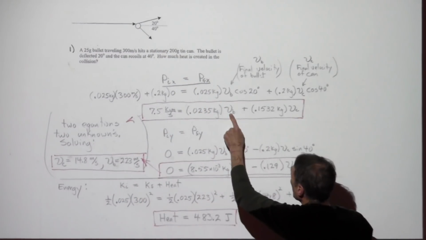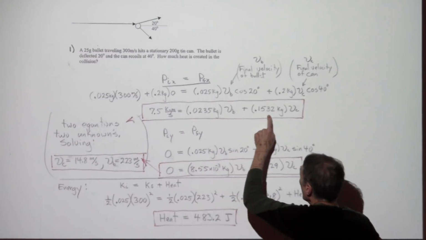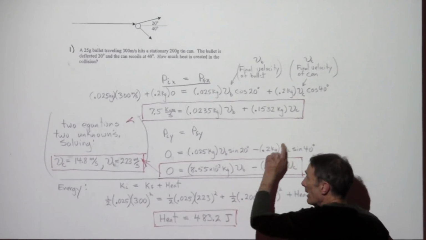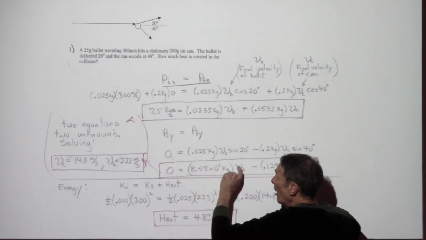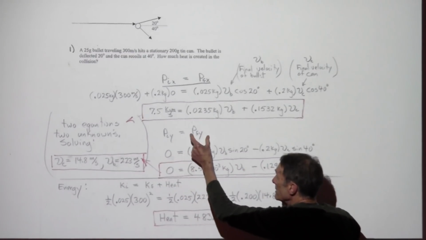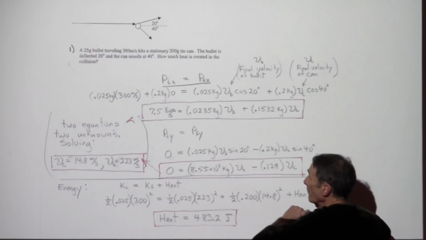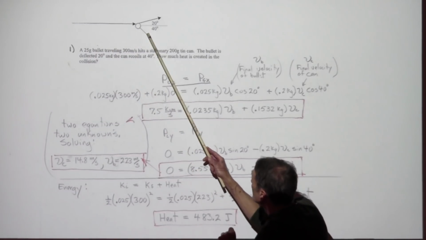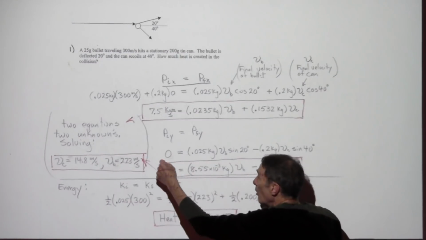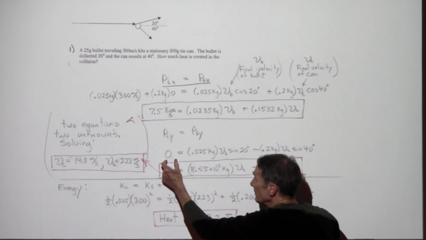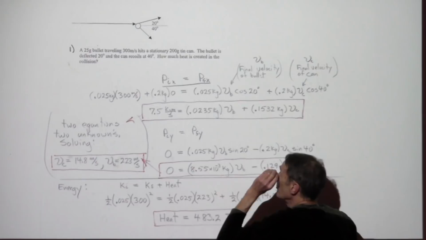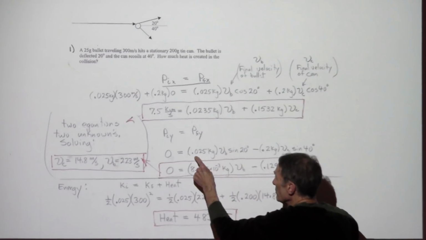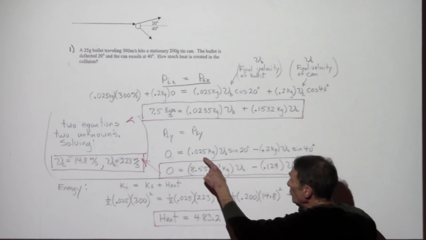And so I've got really two unknowns. I need another equation, but I've got this other equation in the y. The initial momentum in the y is equal to the final momentum in the y. The bullet was coming in strictly in the x direction, so initially there's no momentum in the y direction. After the bullet hits and scatters the can, we've got them both moving.